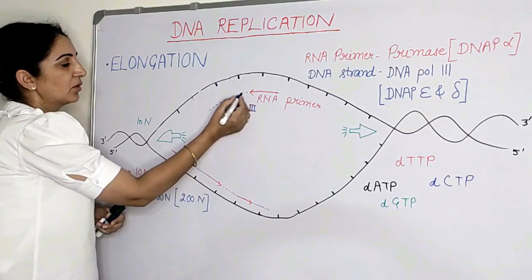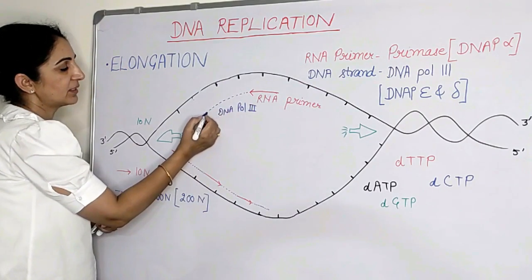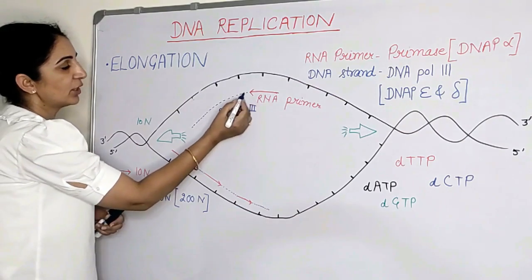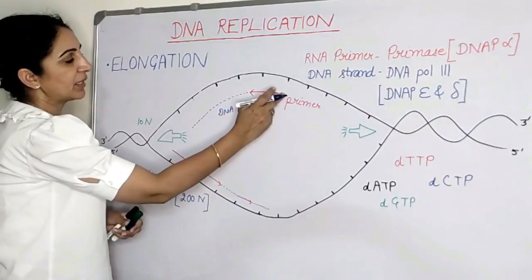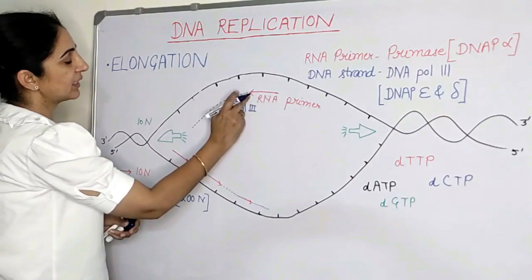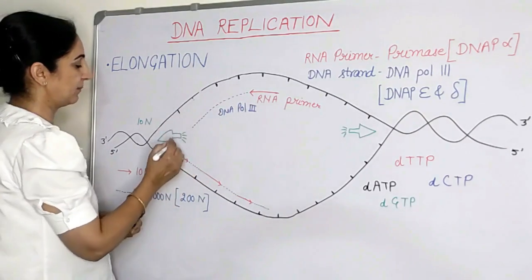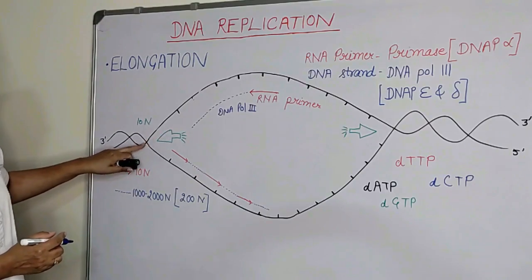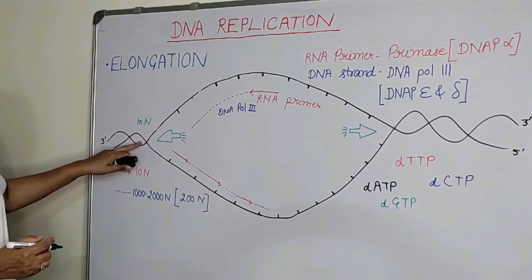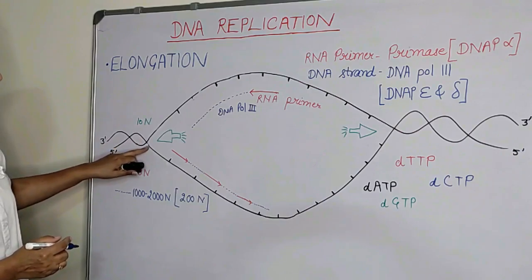So now this DNA chain synthesis is going on continuously. This was our RNA primer. Now we are synthesizing the DNA strand, and as we know, this is the enzyme helicase, which is unwinding the DNA double helix at the corners.